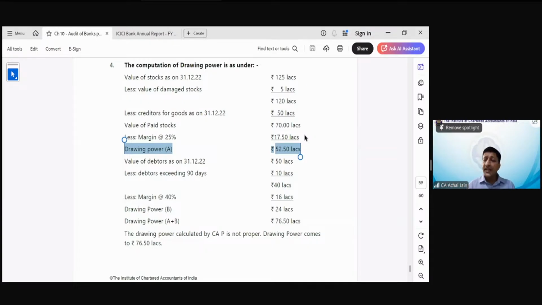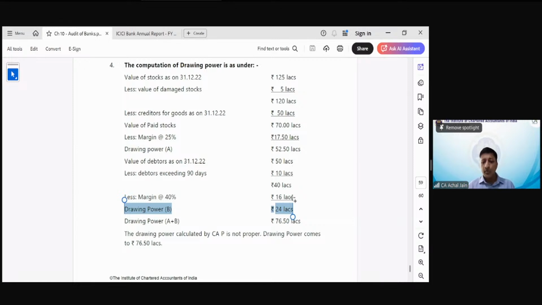So in relation to debtors, the amount of drawing par can be 24 lakhs. And the drawing par needs to be calculated based on both stock and debtors.